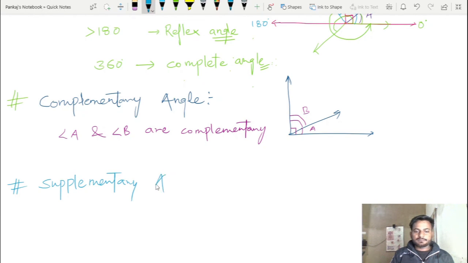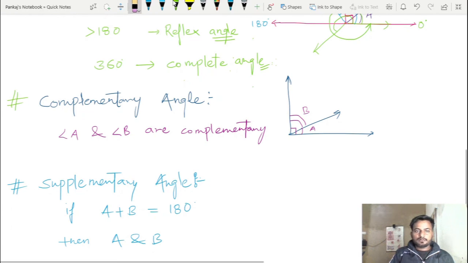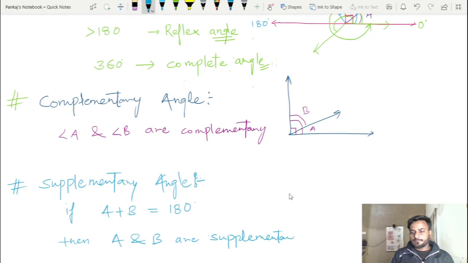In supplementary angles, if the sum of A and B is 180 degrees, then A and B are supplementary. From the diagram we can understand this.